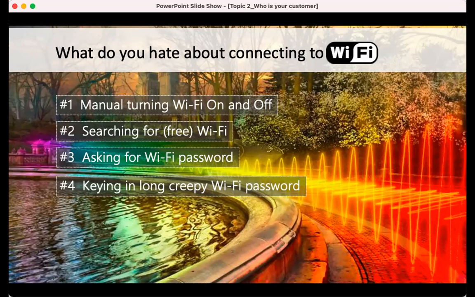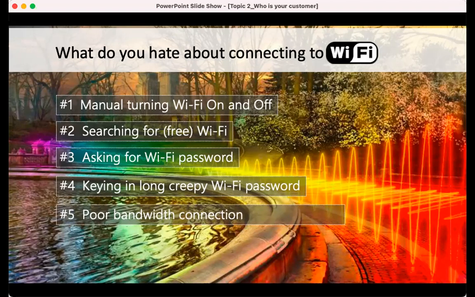And this is the fourth thing that people hate. After you have done all these, asking for password, your password is correct. You get connected and you feel, oh, it's a relief that I'm able to connect the Wi-Fi now. It shows me full signal strength.